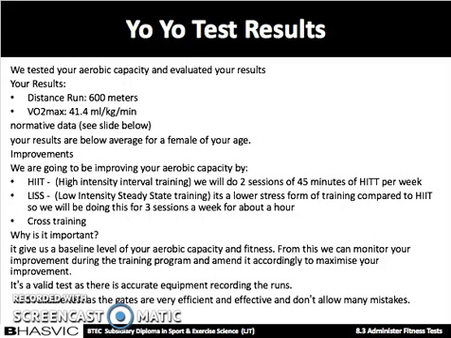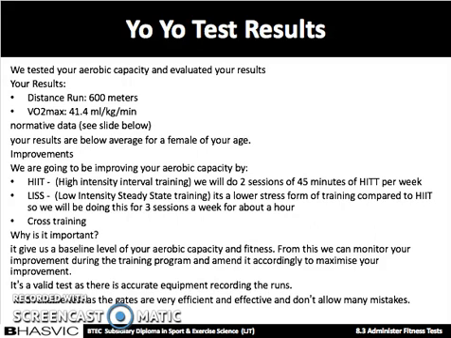Another way is low intensity steady state training, which can also be used to improve aerobic capacity. It is a steady working rate over a longer length of time, which is a lower stress form of training than HIIT, and is a good method to use alongside high intensity interval training for cross training.